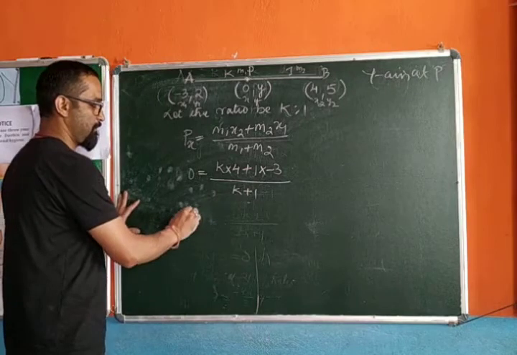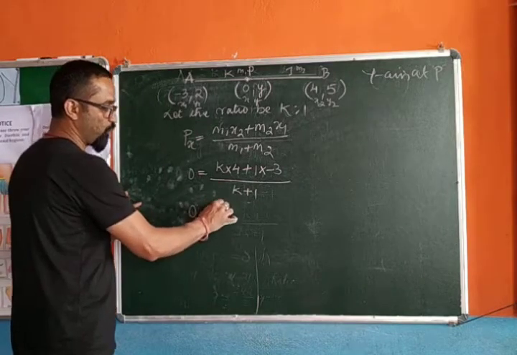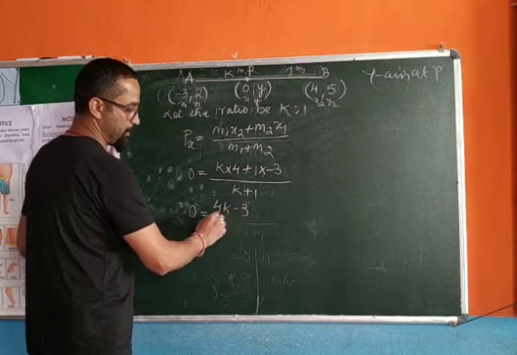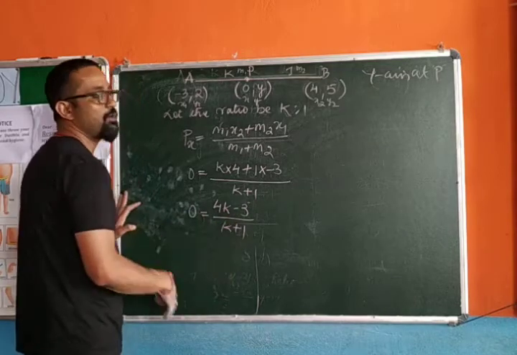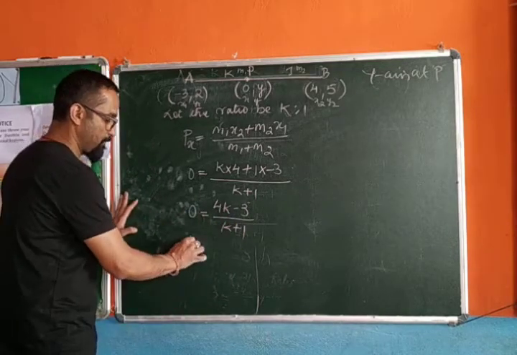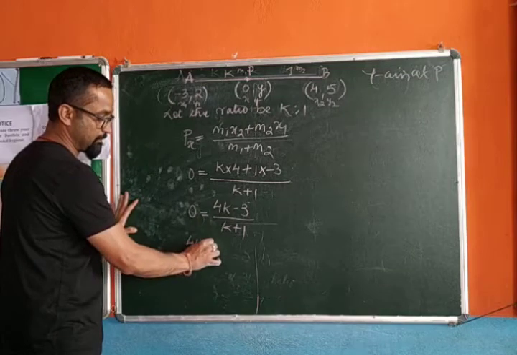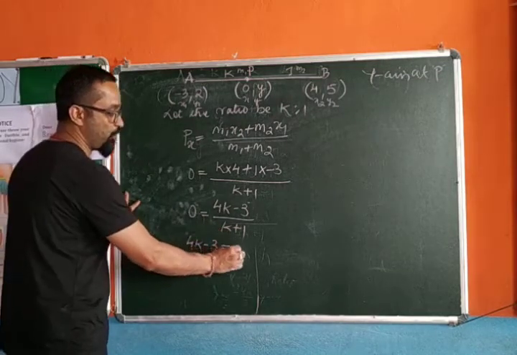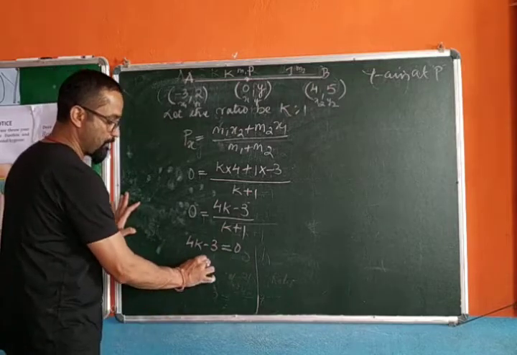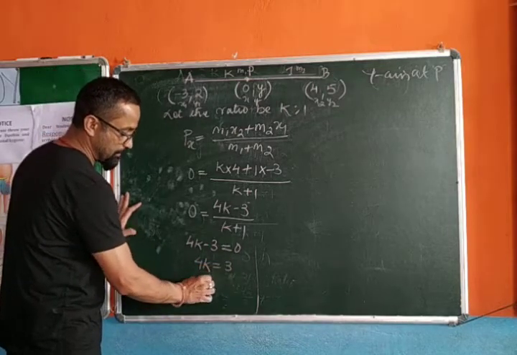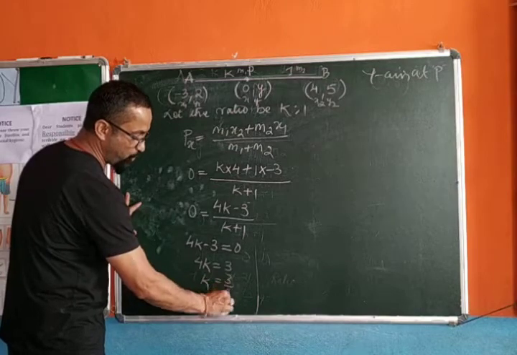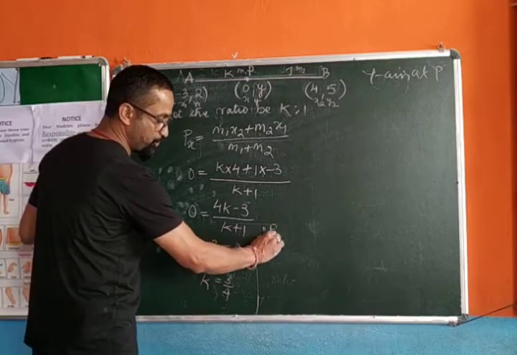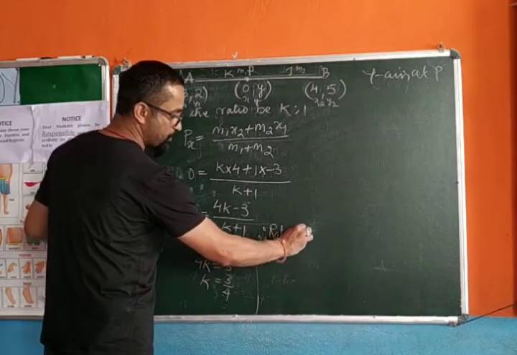Simplify this. 0 equals 4k minus 3 divided by k plus 1. Cross multiply. Numerator you write on the left hand side, 0 multiplied by the denominator is 0. 4k equals 3, k equals 3 by 4. Therefore the ratio is 3 is to 4.